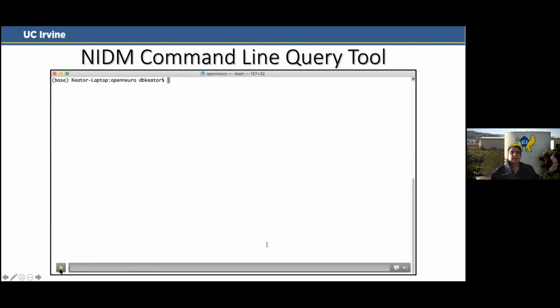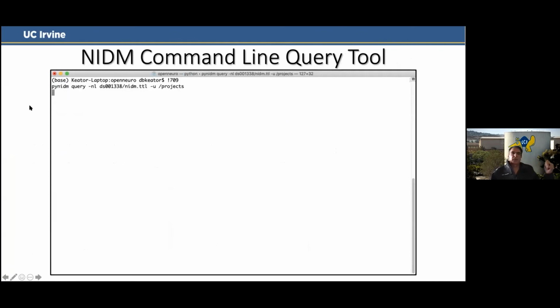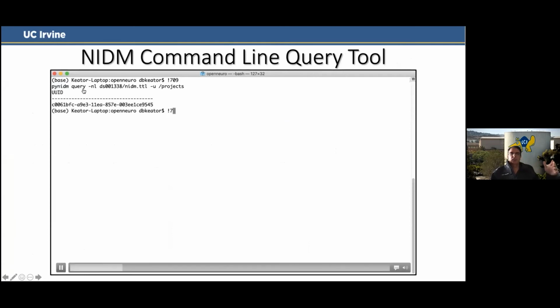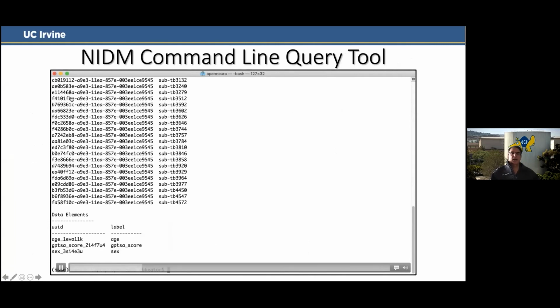So once you have these NIDM files, I told you you could upload them to ReproLake and do some queries. You could also use our command line tools to make use of them for your local data sets. It would be another lecture to discuss how these queries work, but essentially we built a tool, PyNIDM. It's a Python library for working with NIDM documents. There's a query tool called PyNIDM Query.